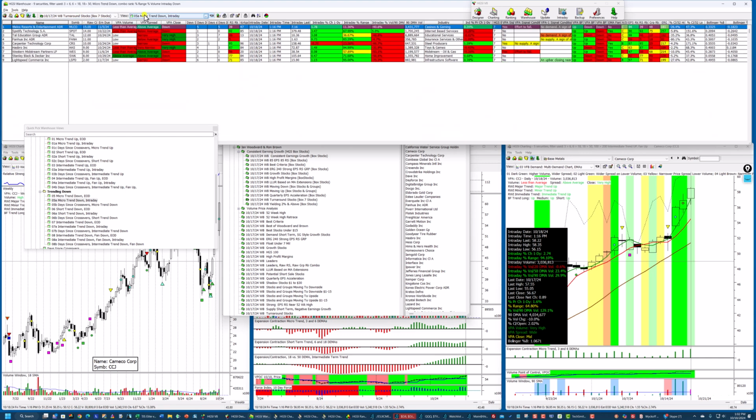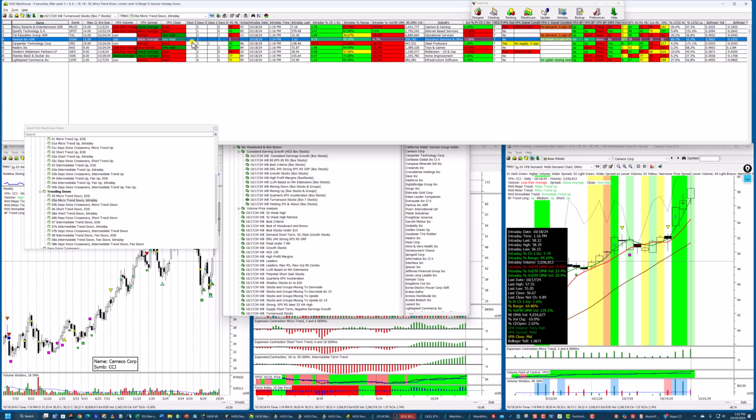Notice these columns here: days down since the 3 crossed the 6. Everything's negative. But notice over here that these stocks are all up today. So what this allows you to do is take a look at stocks where the 3 was below the 6, but they're up today, and you may be able to catch stocks at the bottom.